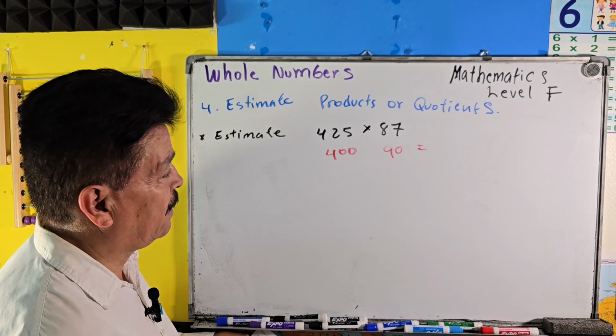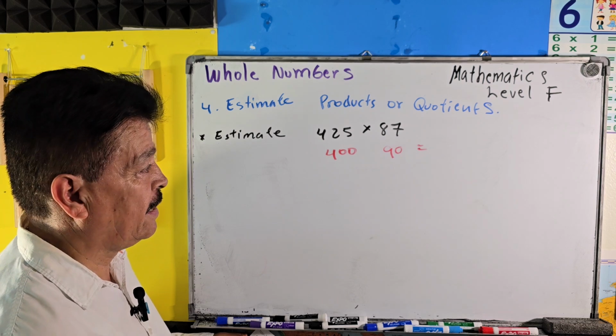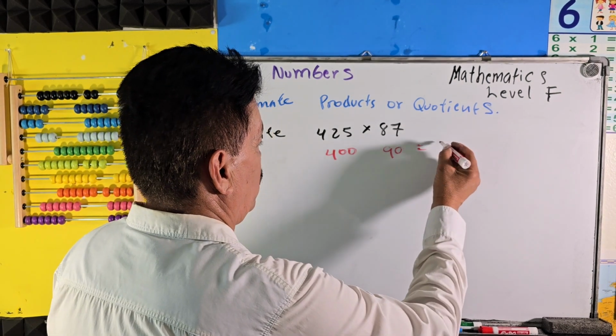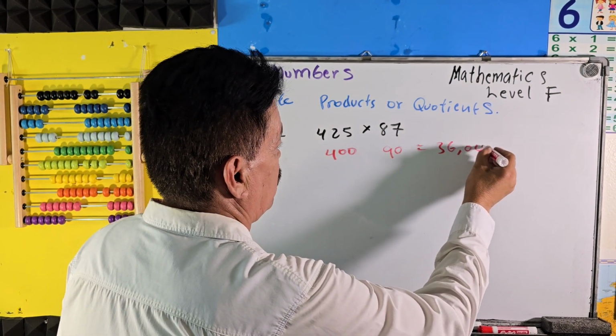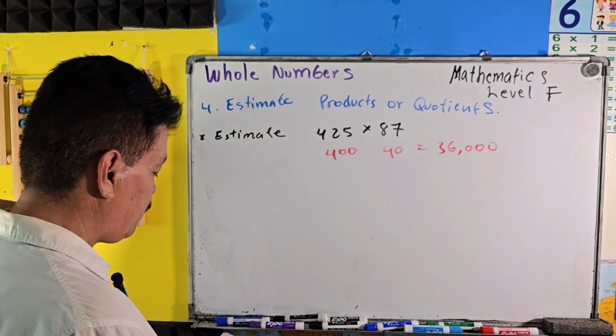So rounded to 90 here, not 100. It's closer, it's easier, right? So we have 36 right here, and then 0, 0.